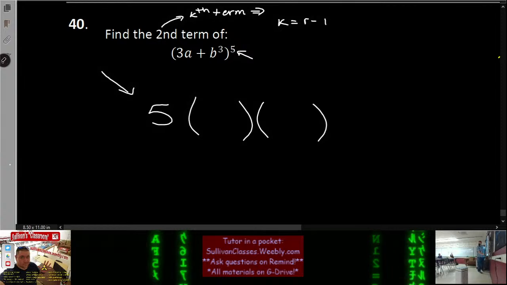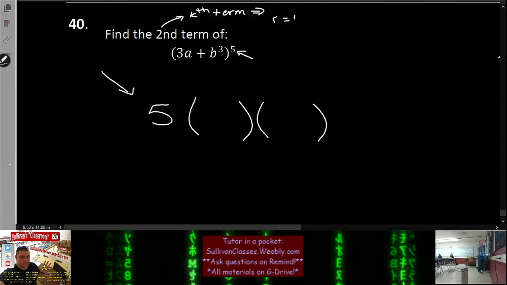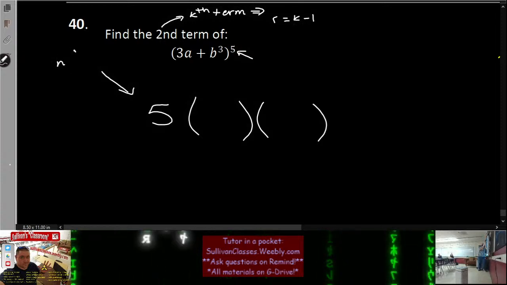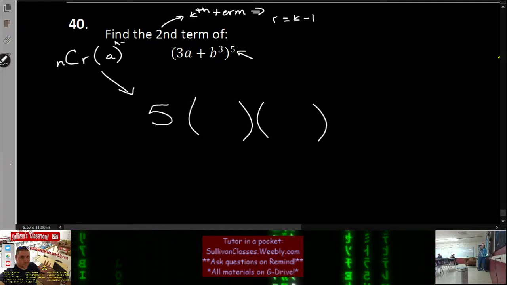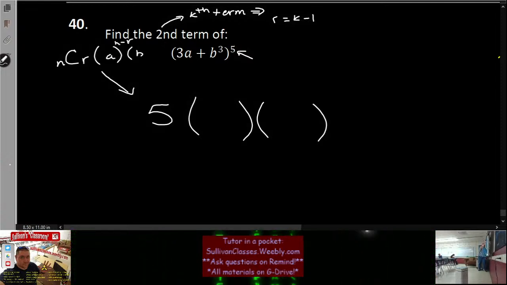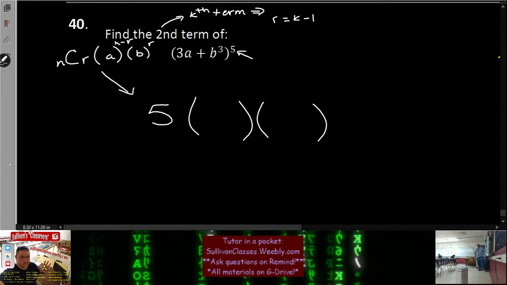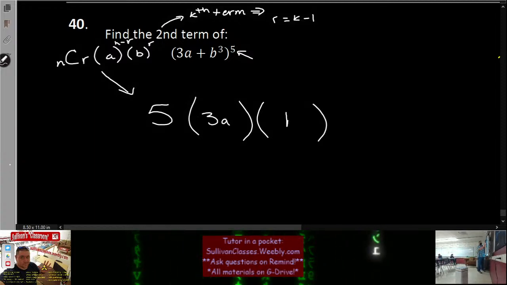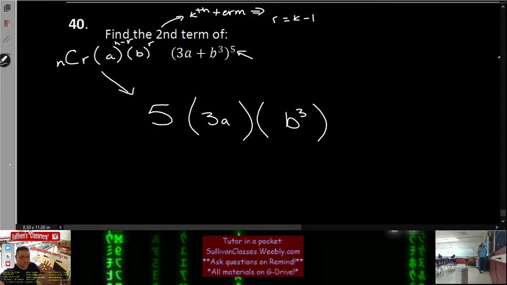This would be nCr, whatever a is, to the n minus r, b to the r. That was our form. Or you could just go to that row. 3a and b cubed.